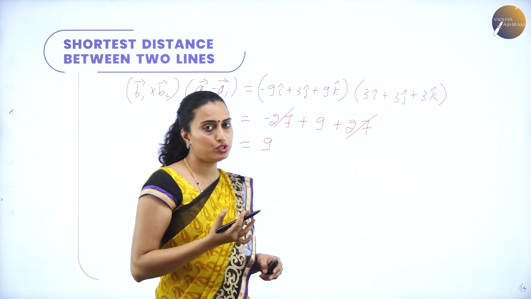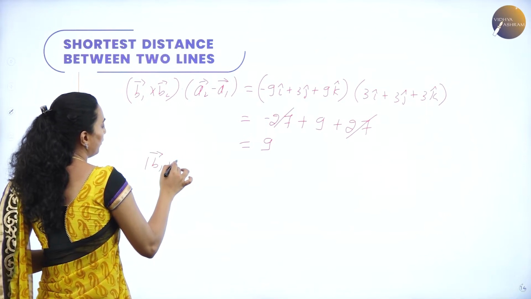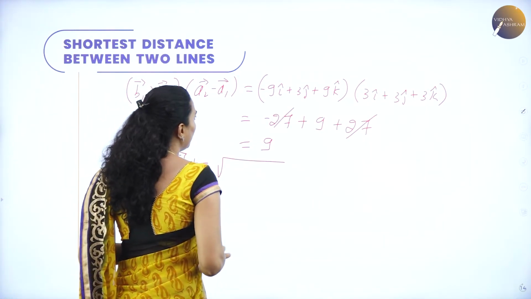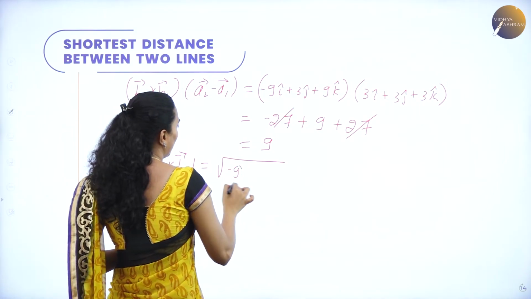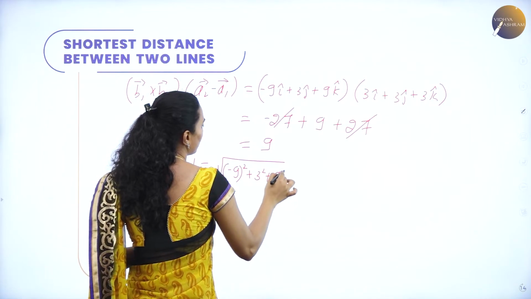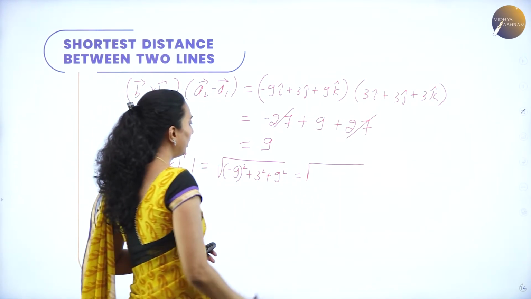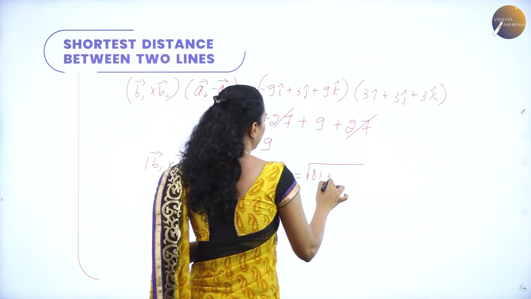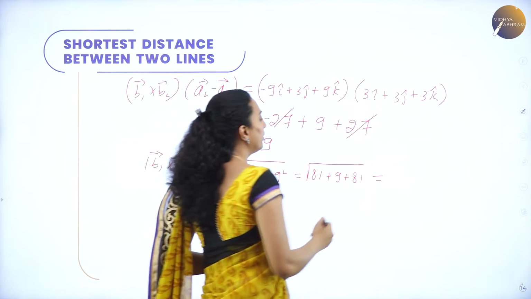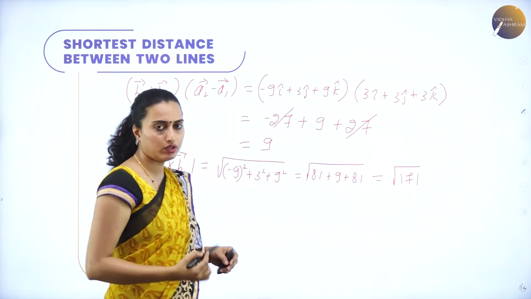Now what you need to do? You have to find out the magnitude of, for the denominator of the formula, magnitude of B1 cross B2, which is given by under the root of minus 9 whole squared plus 3 squared plus 9 whole squared, which is under the root of 81 plus 9 plus 81. So the answer you are going to get is under the root 171. So what is the formula?